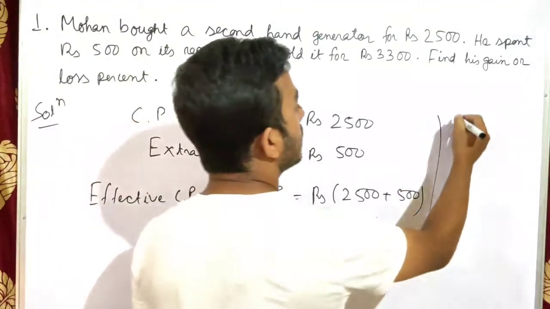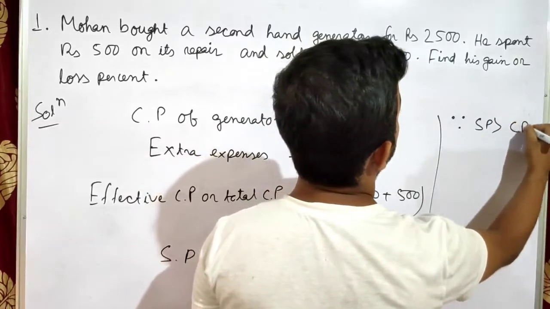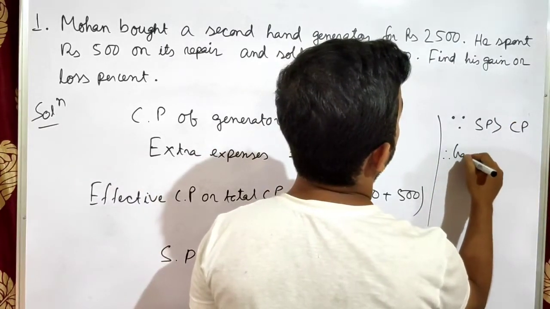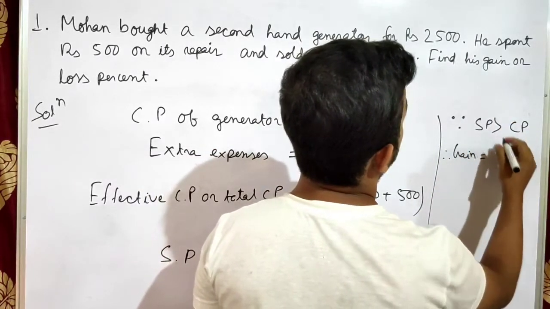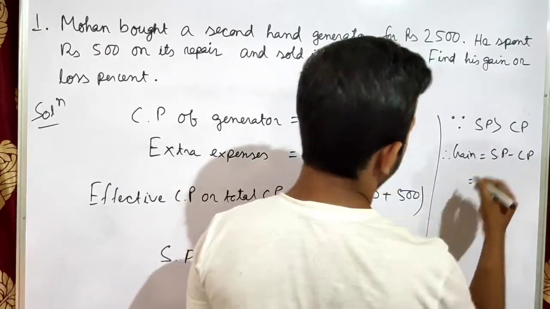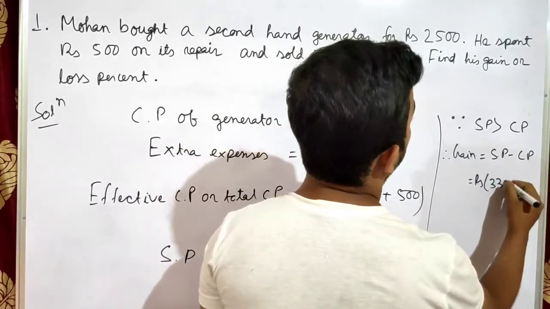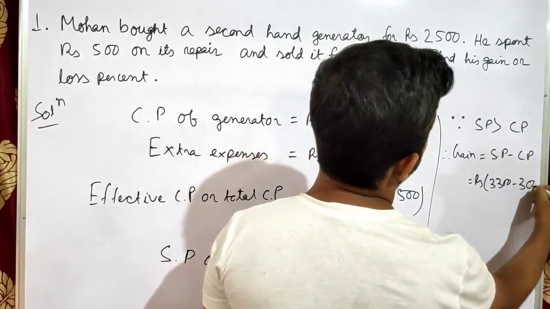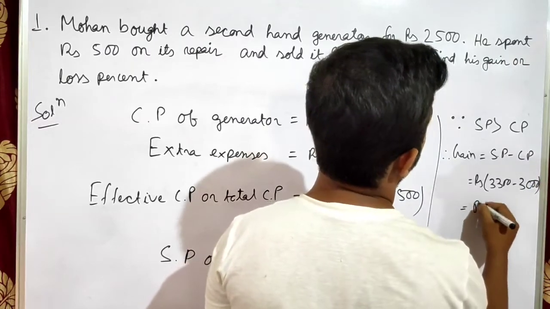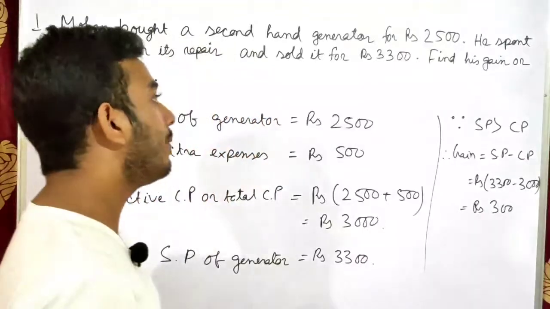We'll write here, since SP is greater than CP, therefore gain. Gain equals SP minus CP. SP is 3300 minus CP, which is 3000. So here the gain is 300 rupees.